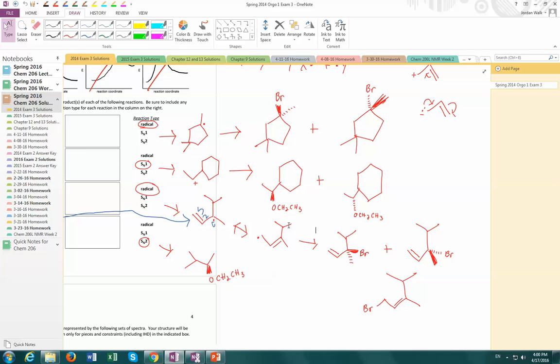Yeah, so remember, I didn't write these problems, nor have I ever tried them. So, yeah, I guess there could be a hydride shift. So let's say you could undergo something like this, which would lead you to a tertiary carbocation.